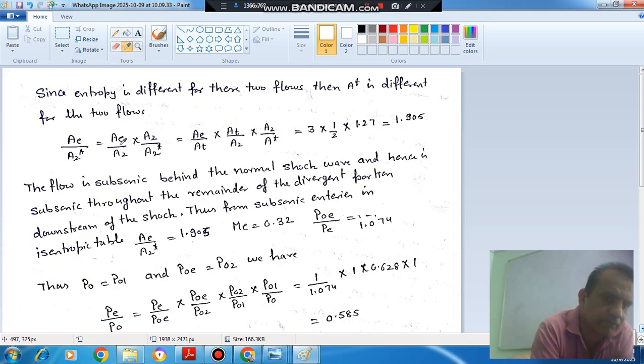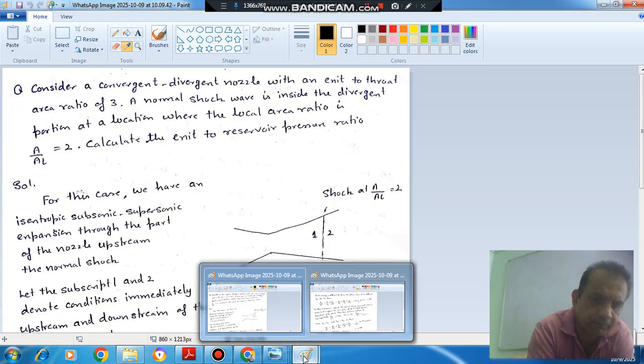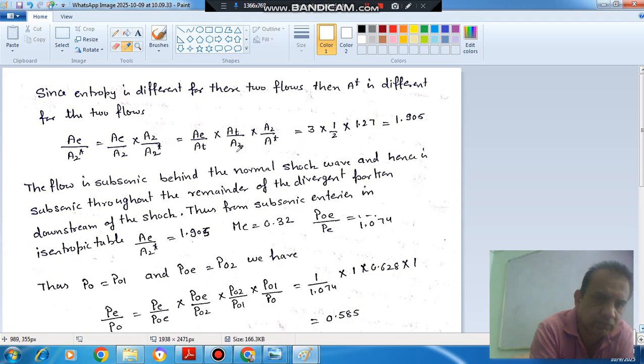So now we can divide AE by A2 and multiply by A2, and we can also divide it by At and multiply by At. Now AE by At is given, exit to throat area is given, that is 3. And A2 by At is given, so that we have used here. A2 and A1 are the same, and At is this, so that is your 2.